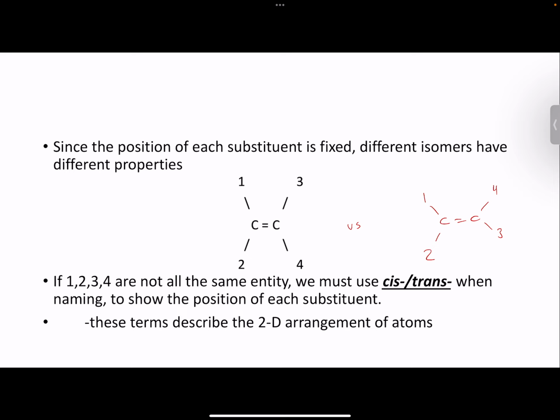So everything is still bound to the same carbon, carbon 2, they've just changed direction. So what we use for that are the names cis and trans. That'll tell us the direction of the chain and its shape. So we only use those for alkenes. Okay, that's the only time you'll see them, because a triple bond is linear, and you'll see that in the next video.